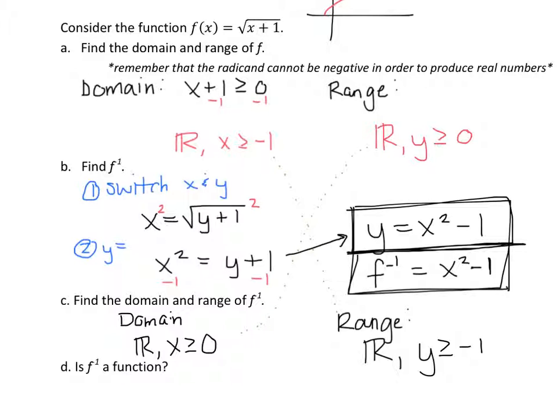Don't give yourself extra work that you don't need to do. Okay? Just do all the work up top, figure out the range and the domain, and then switch them for down here. You have to do it that way. If you were to just look here and figure out the domain and range, you would actually get it wrong, because that's a parabola. That equation is.